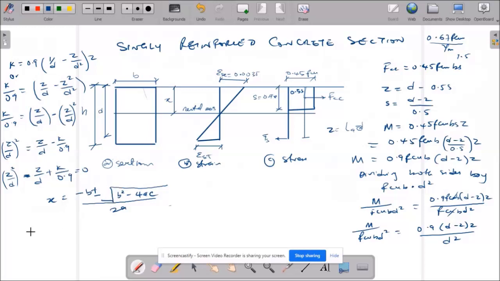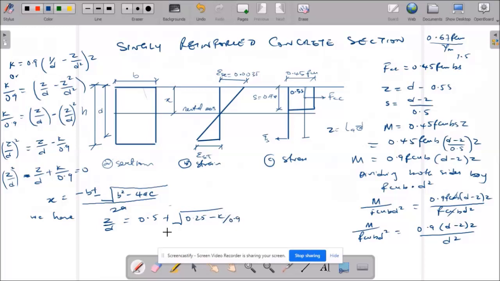We'll obtain Z over D is equal to 0.5 plus square root of 0.25 minus K over 0.9.